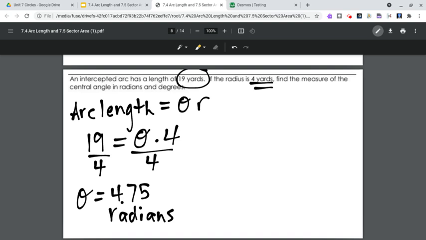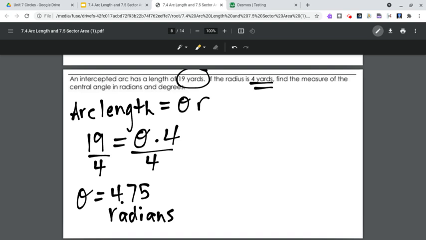Okay, let's use those same values to find the measure of the central angle now in degrees. So in degrees, instead of going through the whole formula again, because we have the theta measure in radians, we can just use what we learned a few days ago, where to convert a radian measure to a degree measure, we multiply by 180 divided by pi.